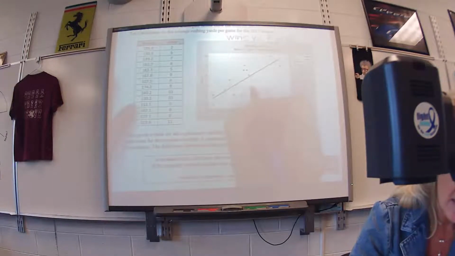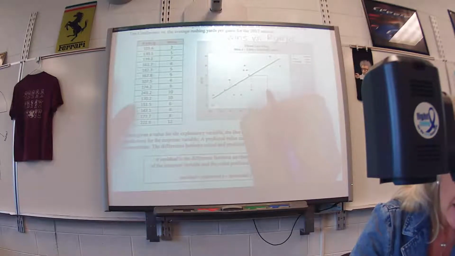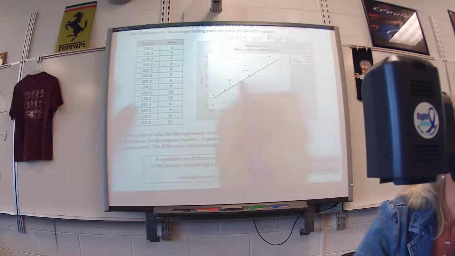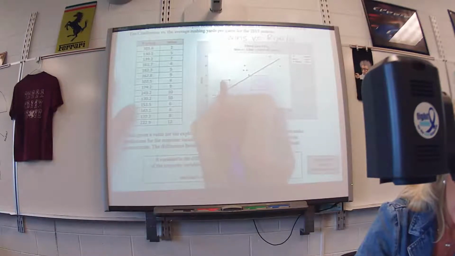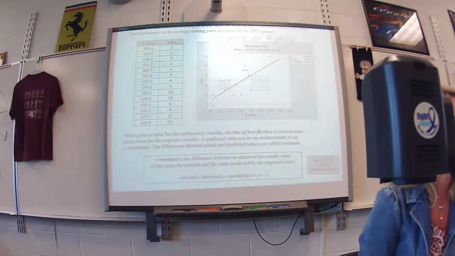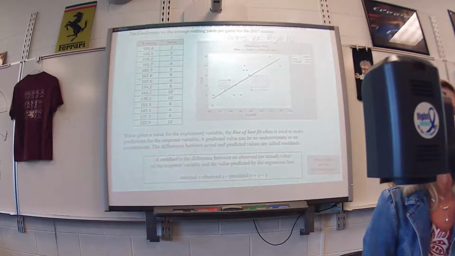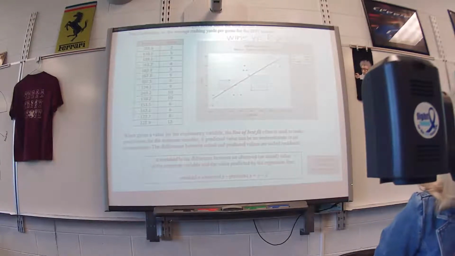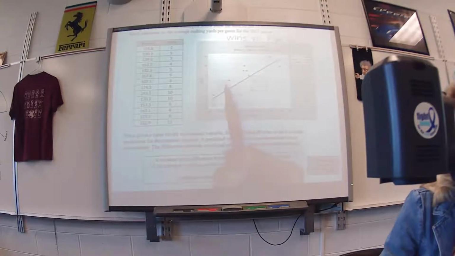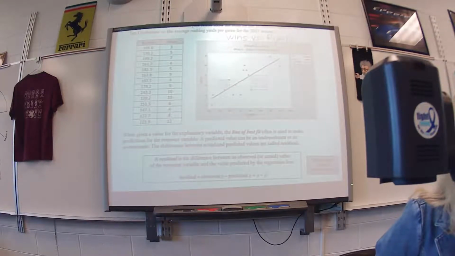Whatever this distance is, you create a square out of that length, and you calculate the area of that square. There are 14 ordered pairs on this graph, so you know how many squares I'd have to draw? 14. It's called the method of least squares because that line is drawn so that when you calculate the areas of all these squares, it's the smallest number possible.